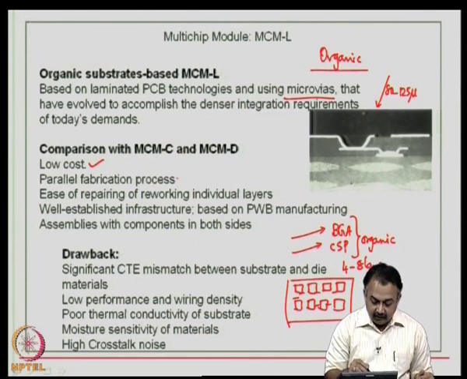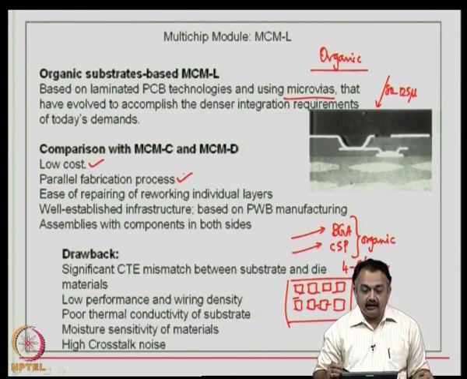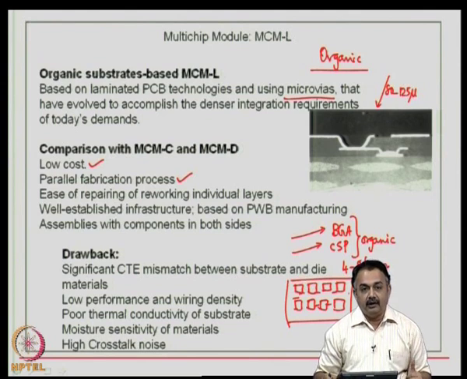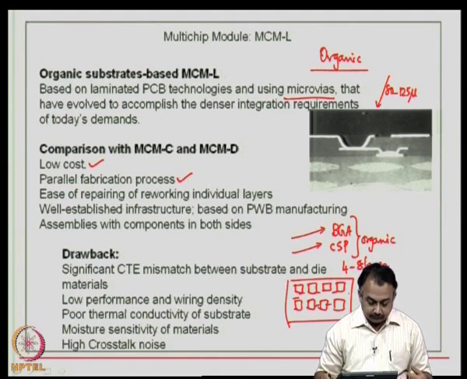It is a parallel fabrication process in the sense that if you look at the formation of conductors or the via structures, it is a parallel fabrication process. The output can be very high. Ease of repairing or reworking individual layers, that means when you build the inner layers of the multi-layer structure in an MCM-L, you can look at the defects and repair them before encapsulating the entire module.